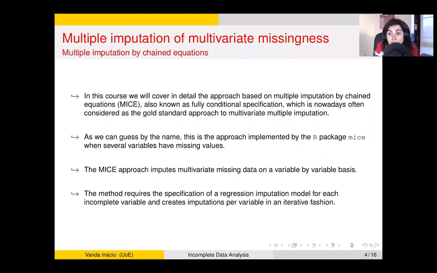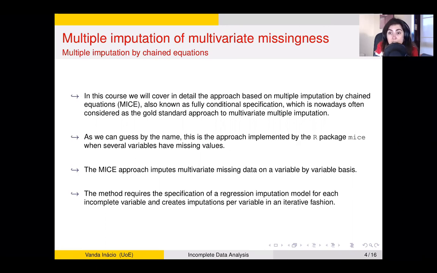And as you can guess, mice stands exactly for multiple imputation by chained equations. So the package mice implements this approach. And that's why we are using the package and covering this methodology here. Last week we only covered the case of univariate missingness, so there was no distinction between different types of approaches because we only had one variable with missing values.